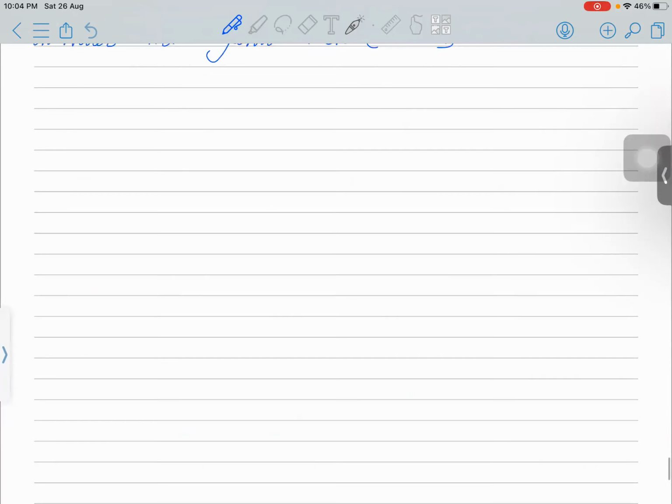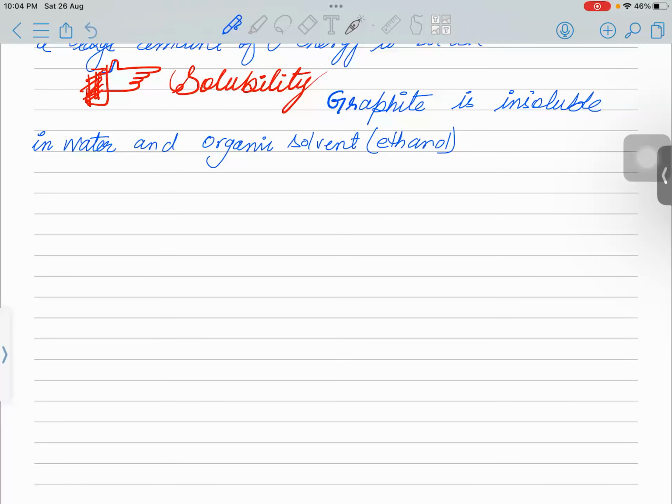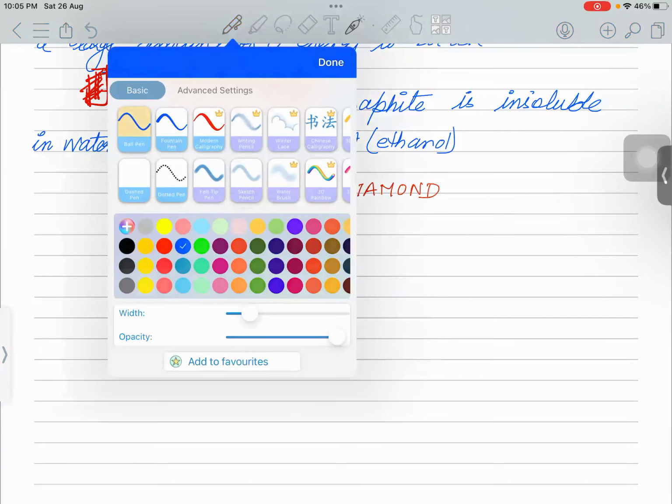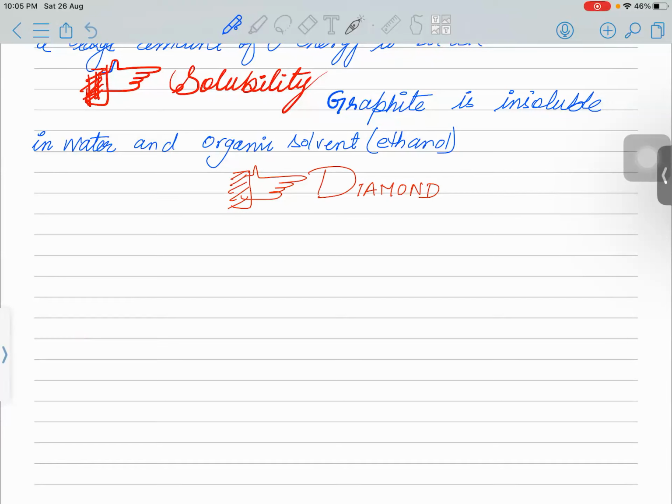Now diamond. What is diamond? It's also a structure made up of giant layers of strong covalent bonds.